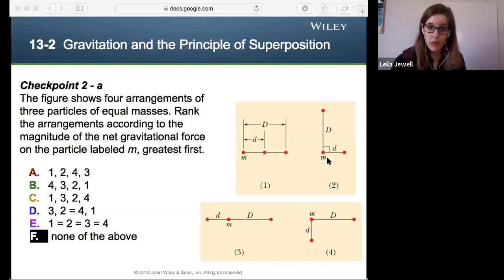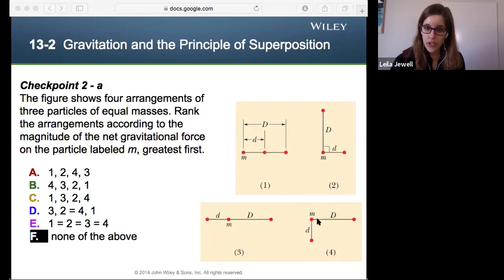We noticed in 2, in contrast, one of the forces is to the right, but M is also going to feel drawn upward. If we're adding forces that are at a right angle, they won't cancel, but they won't be able to fully add. It's going to give something that's not quite the exact sum or subtraction of the 2. We'll see an example of this in just a moment.